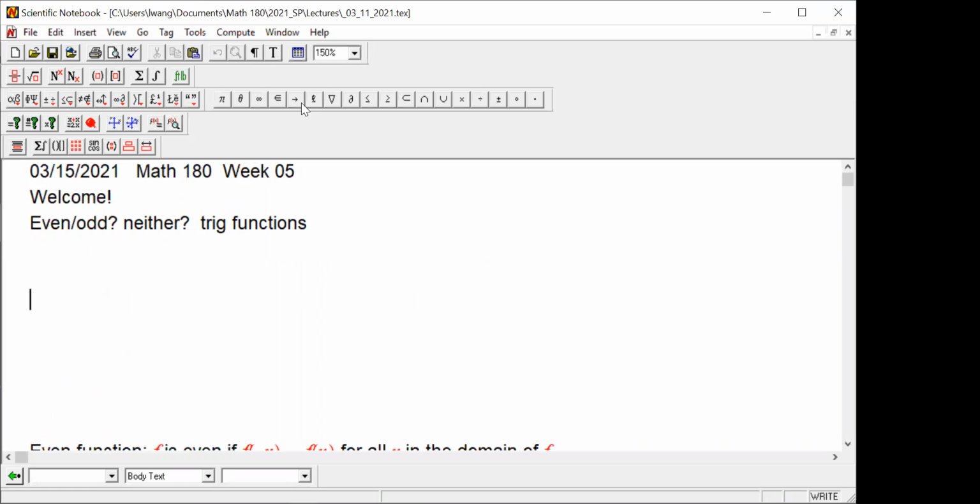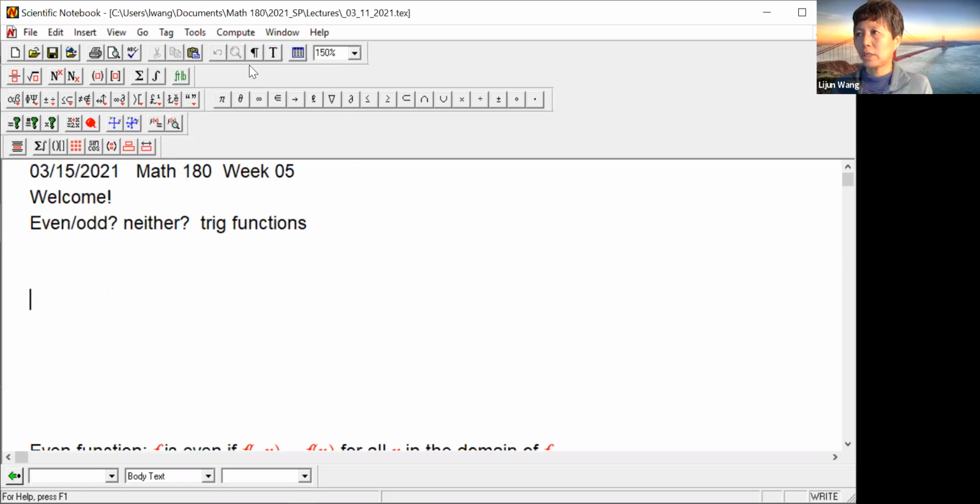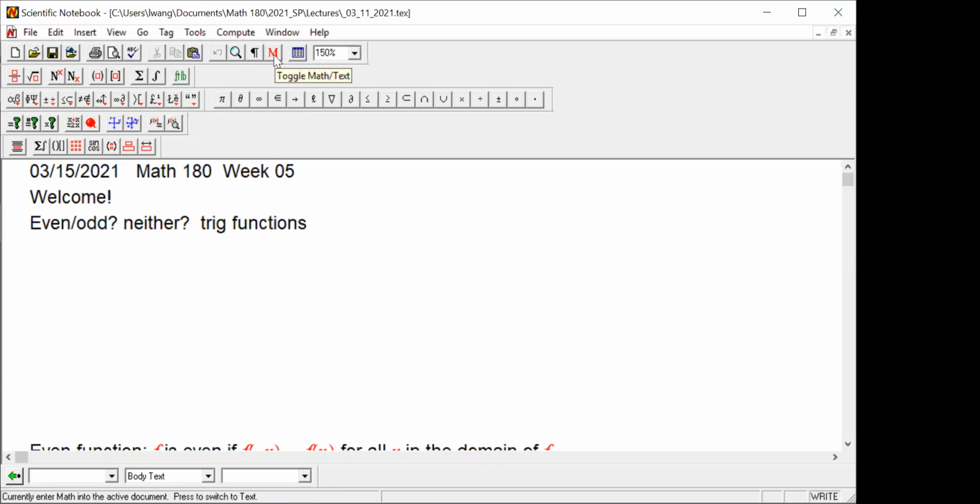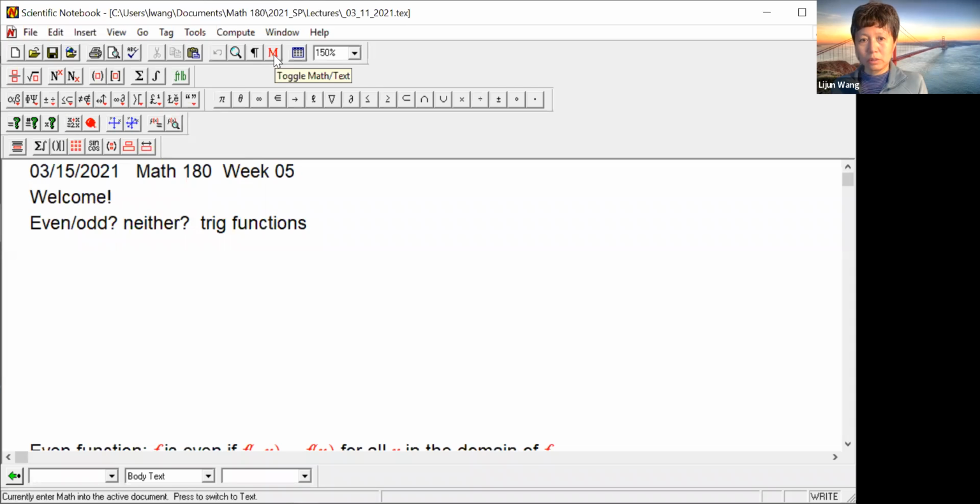Is cosine odd? Cosine is odd. Okay, we got some contributions. Tangent is odd. So we got some statements.